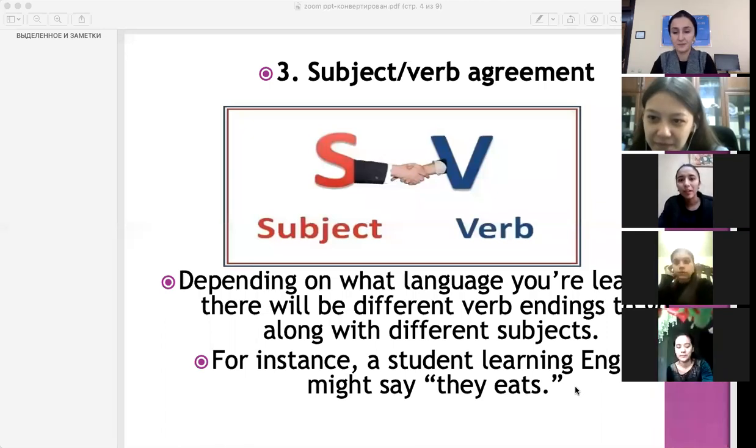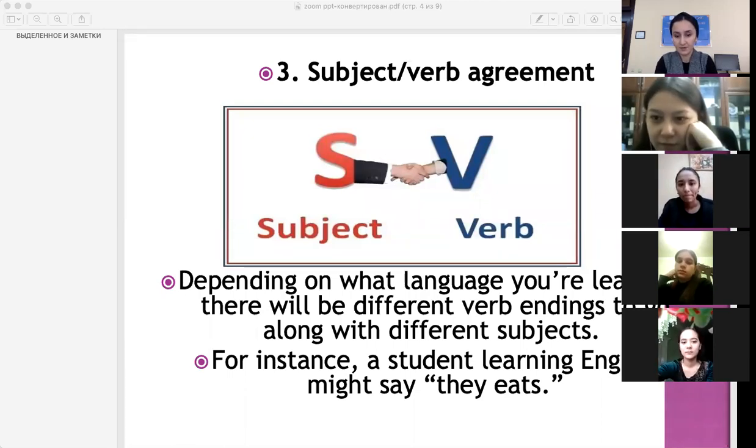Sometimes I forgot to put the verb in the correct form with he, she, it, with the pronouns. But nowadays everything is okay, I guess. So you can do it quickly and without problems. Yes. Am I right? Yes.